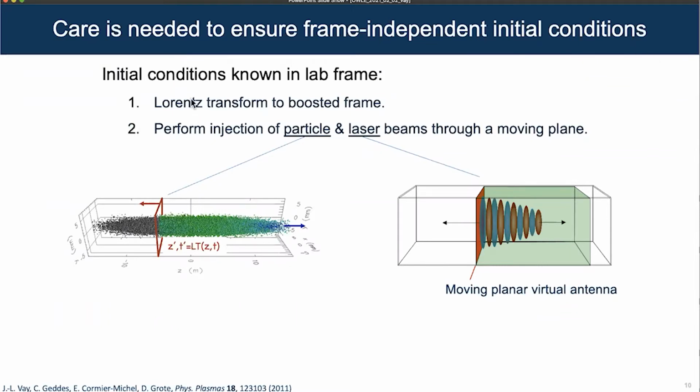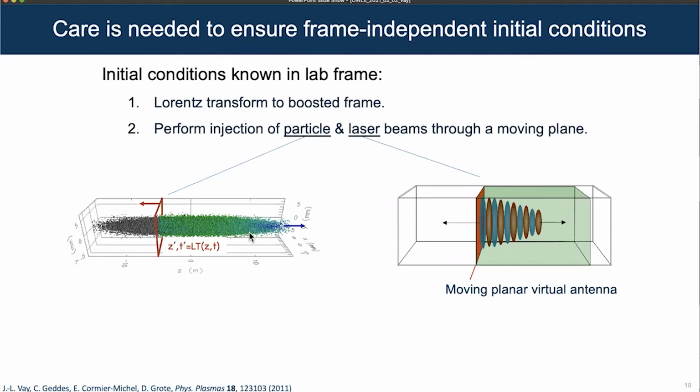First, we need to ensure frame-independent initial conditions. The way that it is done is that it's usually easy in the lab frame to know the particle beam or laser beam condition at a given plane. So it's not hard to transform this data from the lab frame to the boosted frame and inject the particles through that plane. That plane, which is fixed in the lab frame, becomes moving backward in the boosted frame.